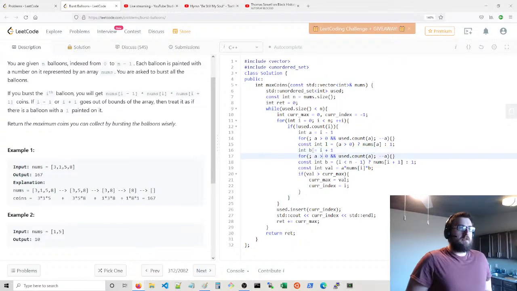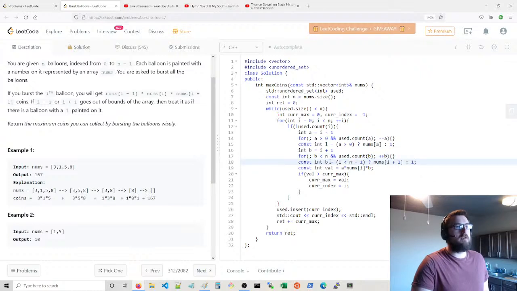b starts off at i plus 1, b is less than n, and keep incrementing b. As long as it's less than this value and it's already been used, we're going to keep moving b.